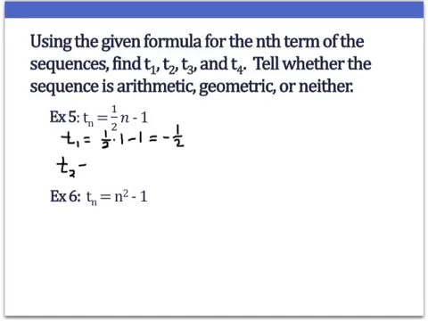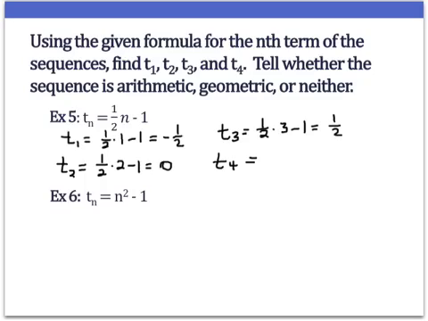Let's try the second one: 1/2 times 2 minus 1. Multiply first, PEMDAS, and that gives you 0. Substitute in 3: 3/2 minus 1 is positive 1/2. And then the last term, we have 1/2 times 4 minus 1, and that gives us 1.